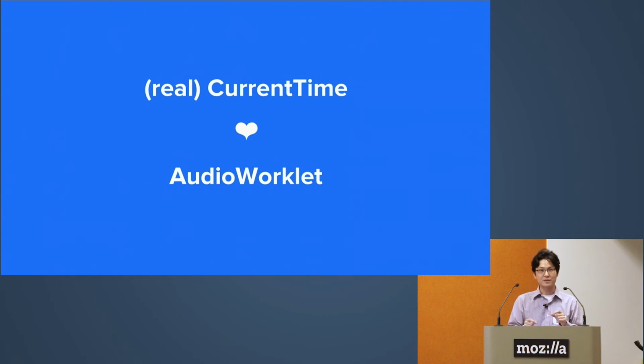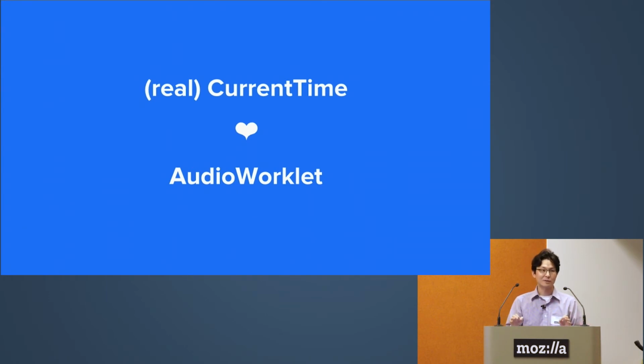But this current time is slightly late, because if you query current time, basically the web audio system will give you the last timestamp of a render quantum. And when you get that number in the main thread, like I said, it's asynchronous, right? It's not a synchronous event. So when you get that timestamp number, the actual timestamp has already passed. It's already stale.